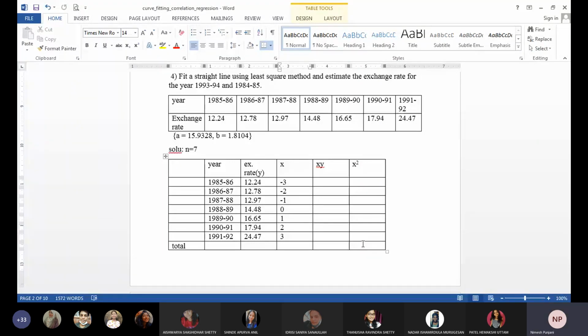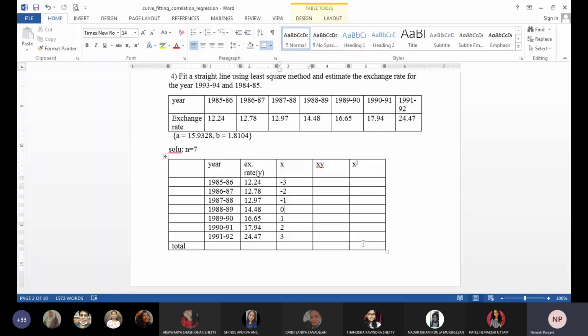As you come down, go on adding 1. As you go up from the central most observation, go on subtracting 1. So these are the values of x which we get in this example, because my n is 7. So 7 plus 1 divided by 2 turns out to be the fourth observation, so the fourth observation is taken as 0.